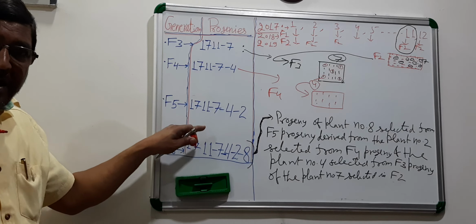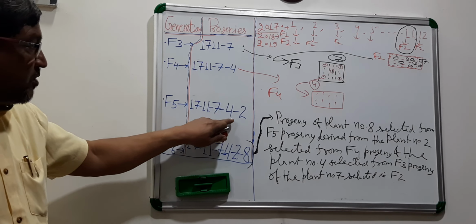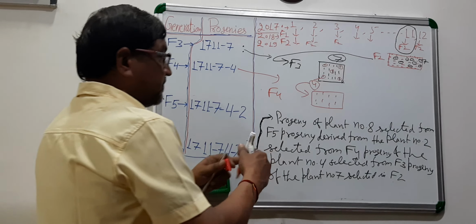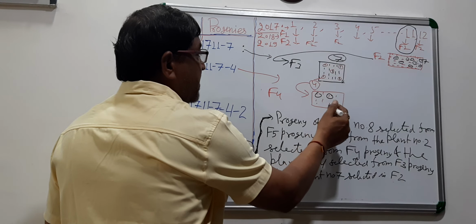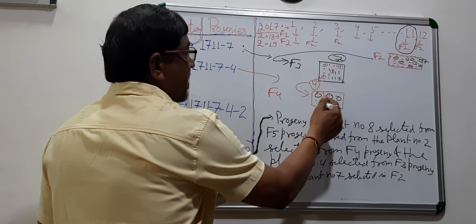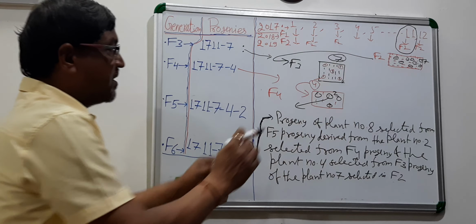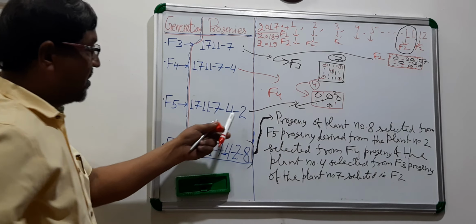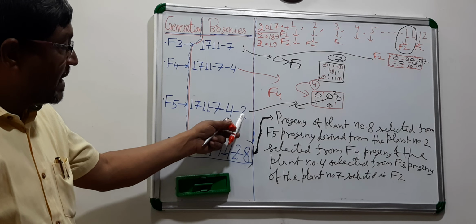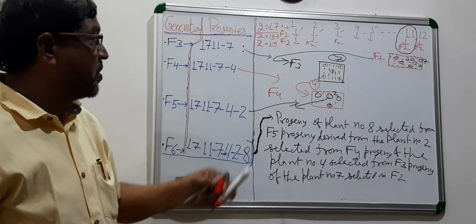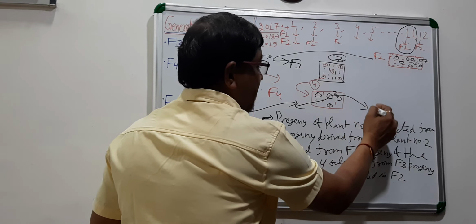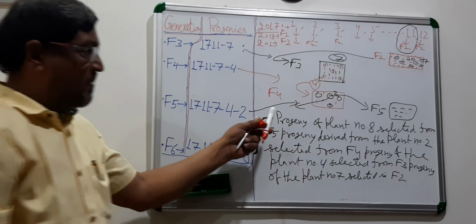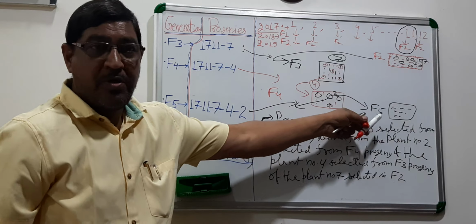So likewise in F5 also you will have to put, say for example, if from F4 generation you have selected several plants, you are going to mention plant number 2 in F5 generation. So progeny of plant number 2 in F5 generation.